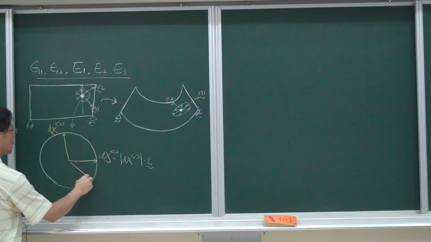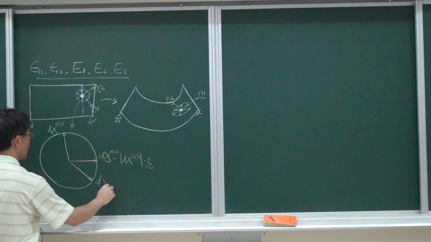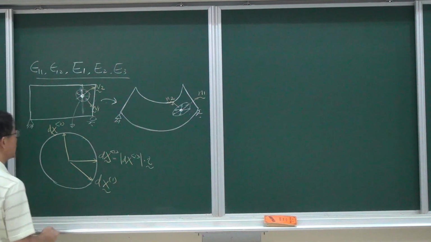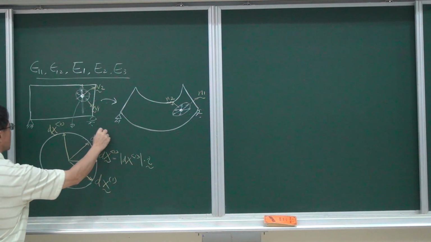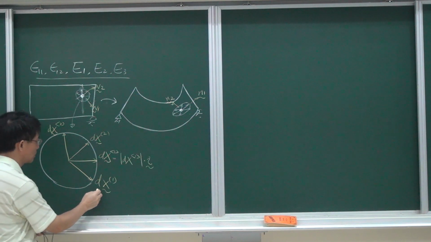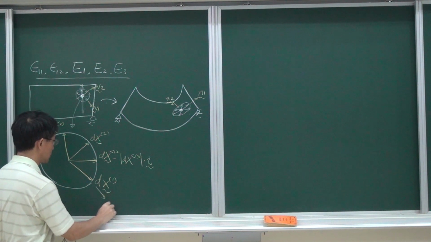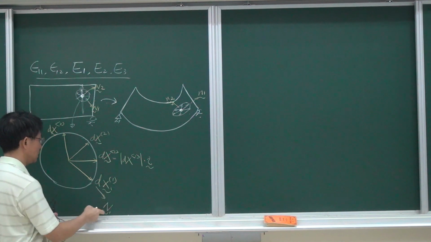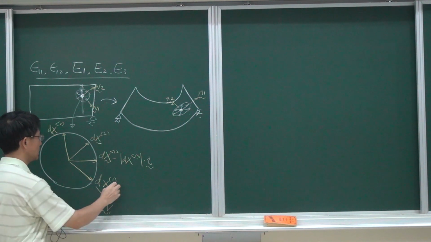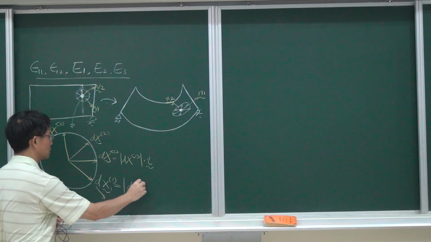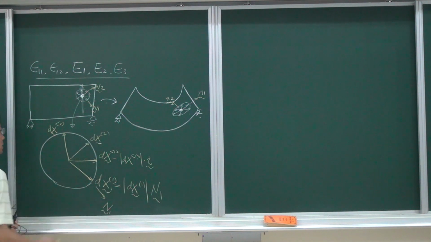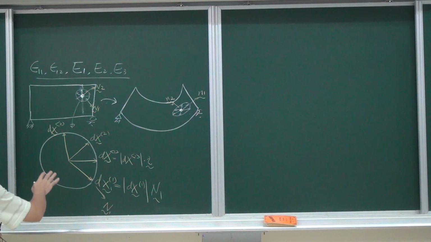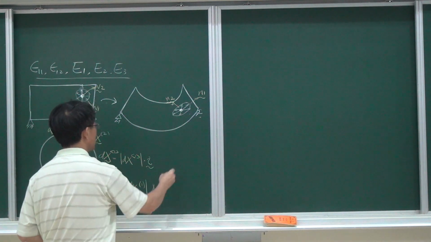For this material line, this is dx1. This is the principal direction, and this is the principal direction. The deformed configuration will be like this.